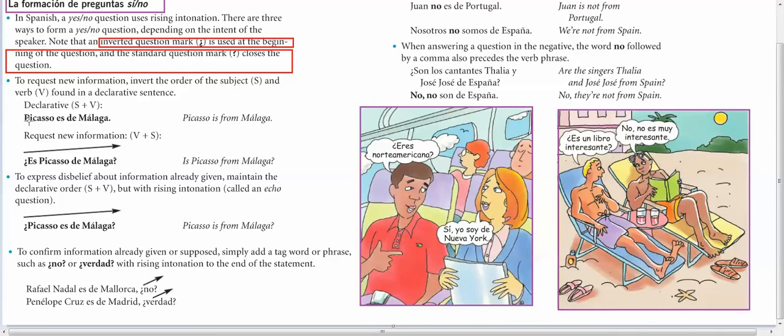Picasso is your subject, and es is your verb. So you have your subject first and then your verb when you make a statement or in a declarative sentence.